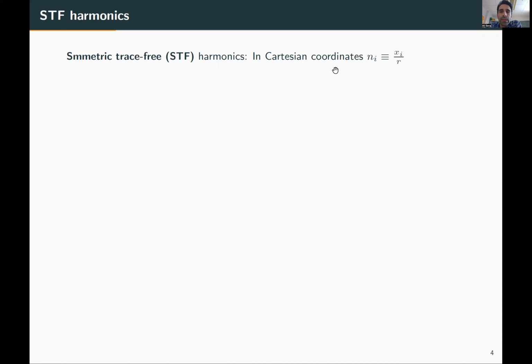In Cartesian coordinates, you have the normalized vector n^i, the ratio of x^i over r. Then you can introduce the multi-index notation n^L, by which I mean the product of L such vectors n^i.